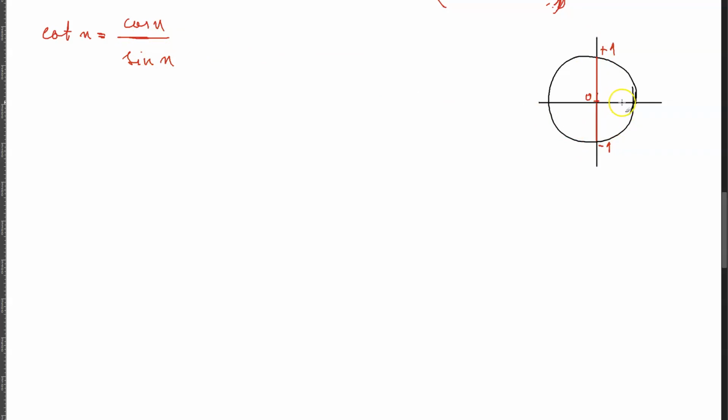Now the sine function, if you have some angles up here in the first quadrant or in the second quadrant, the sine of that angle will be some value between 0 and 1. If you have some angle in the third quadrant or in the fourth quadrant, the sine of that angle will be some value between 0 and negative 1, right?